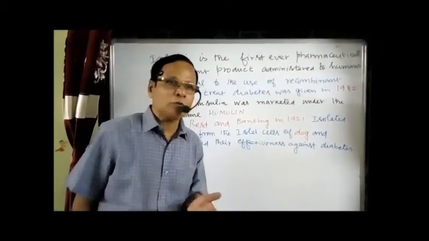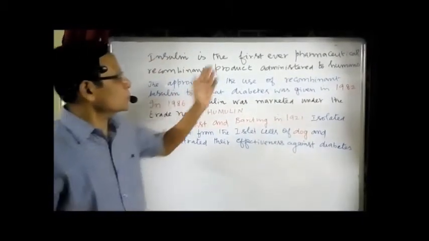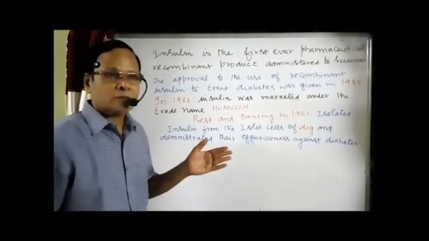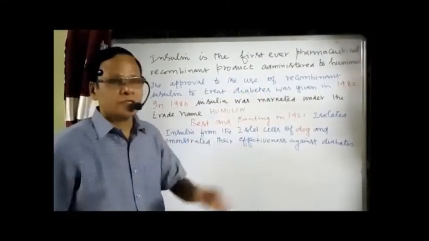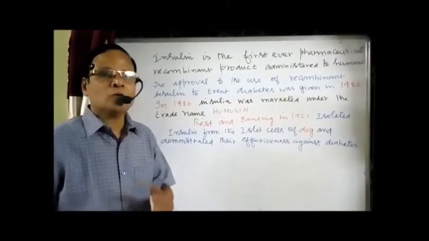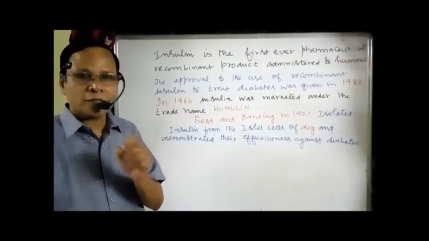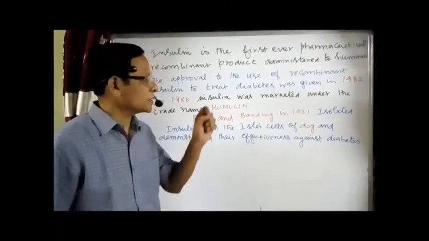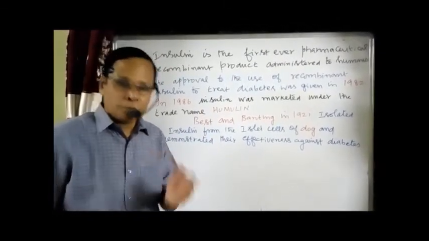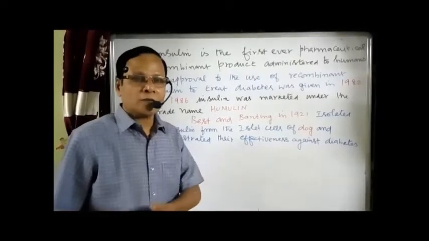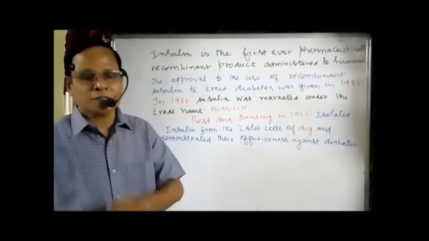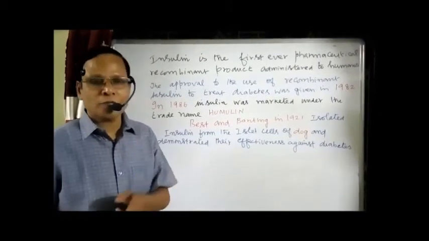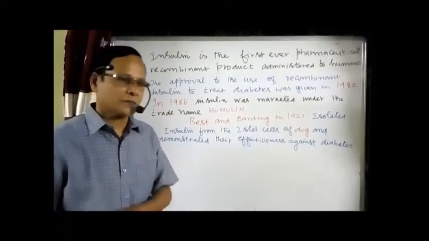That means approval for the use of recombinant insulin in humans was given in 1982. It was marketed under the trade name Humulin. Humulin is a trade name for that hormone made through recombinant DNA technology, and it was marketed under that name only in 1986.